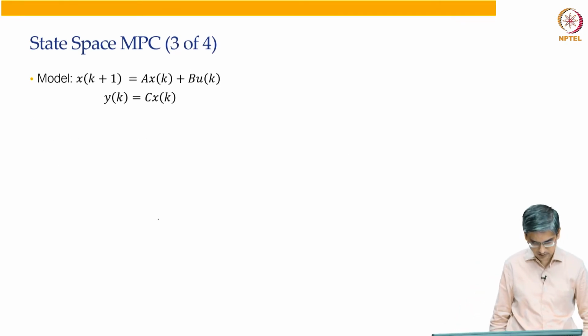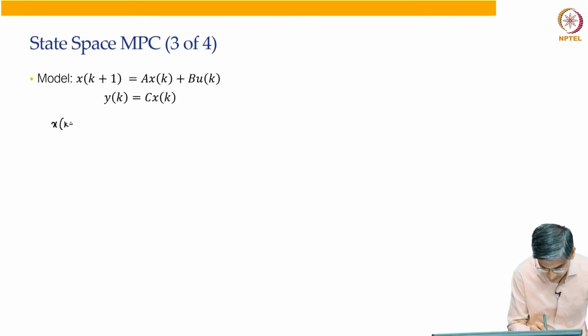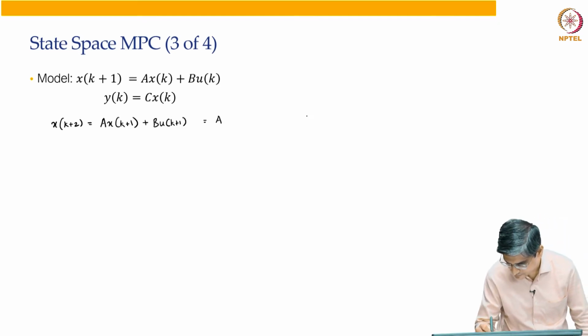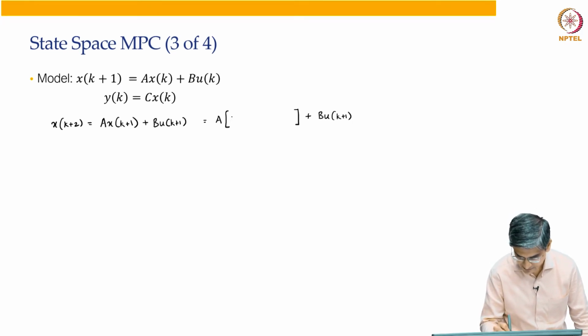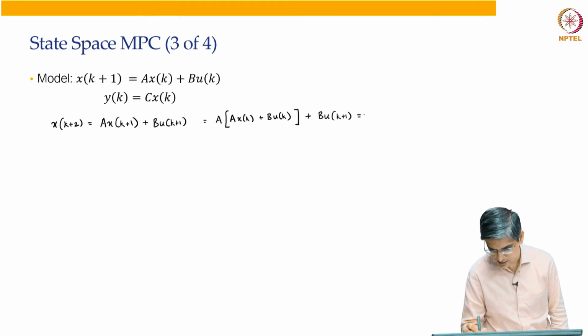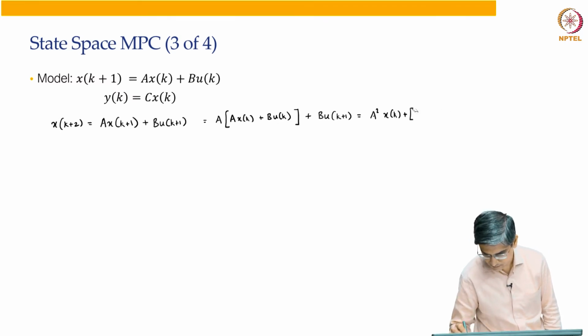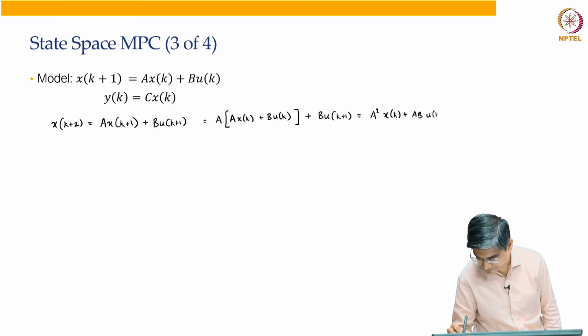Okay. So, let us look at the next guy. What we have is x(k+2) is nothing but Ax(k+1) plus Bu(k+1), okay, which is nothing but, now this is x(k+1), x(k+1) is nothing but Ax(k) plus Bu(k), okay, and this is going to lead us to A squared x(k) plus ABu(k) plus Bu(k+1).